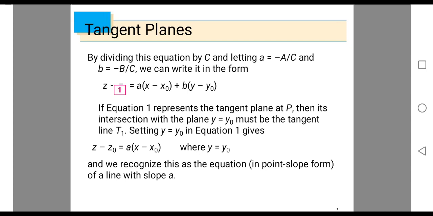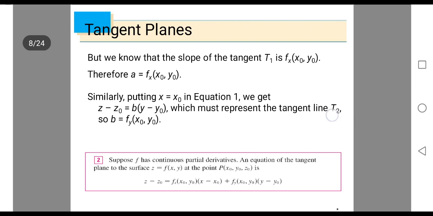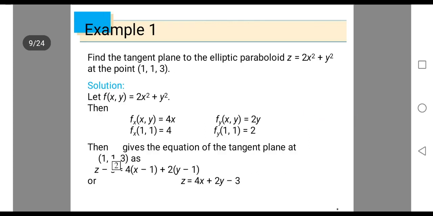All right, so here we have an example in our next slide. This is example number 1. It says, find the tangent plane to the elliptical paraboloid z equal to 2x squared plus y squared at the point 1, 1, 3. Our x0 is 1, y0 is 1, and z0 is 3.